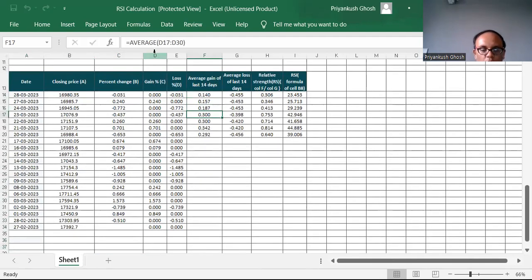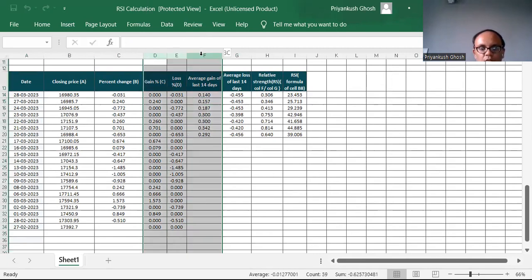Here, column D and column E, I have made two separate columns, because my column F average will be based on column D and my column G average will be based on column E. If you see the formula in column F, it is D15 to D28, and in column G it is E14 to E27. So these are coupled.